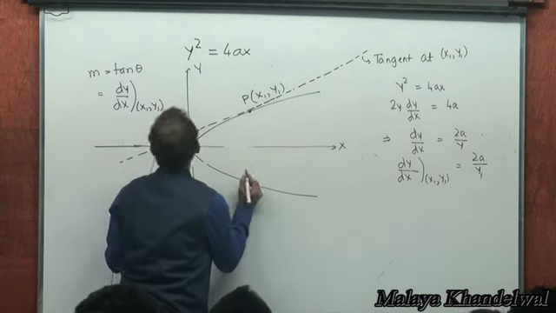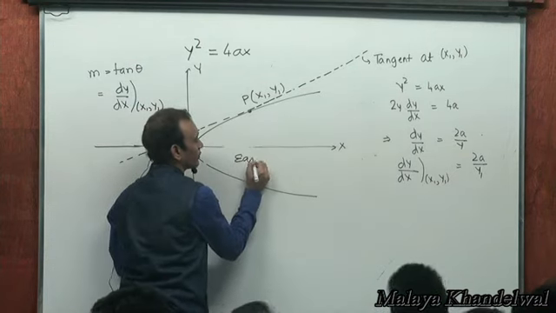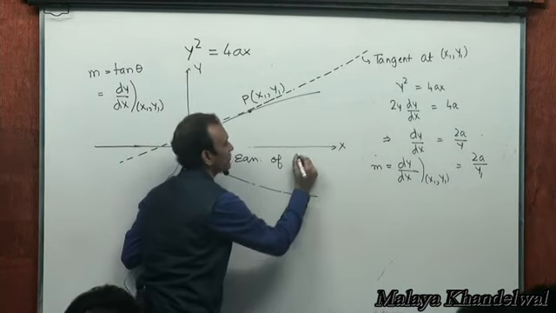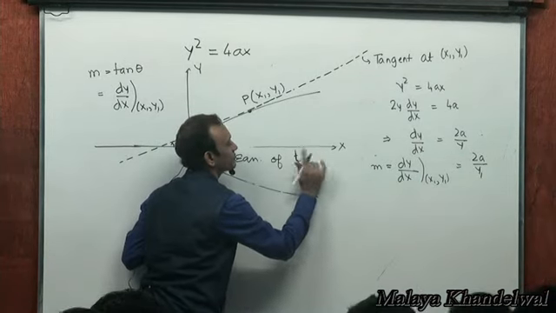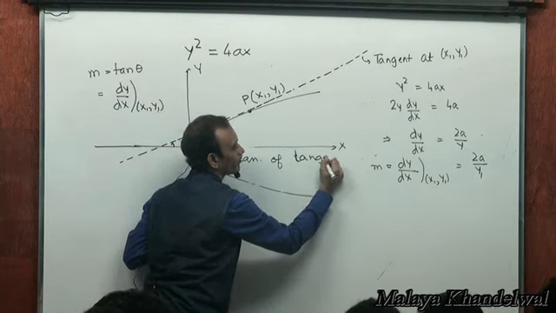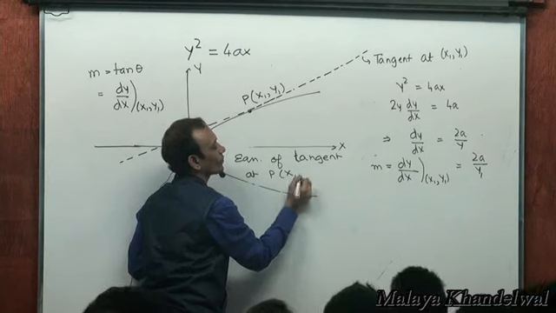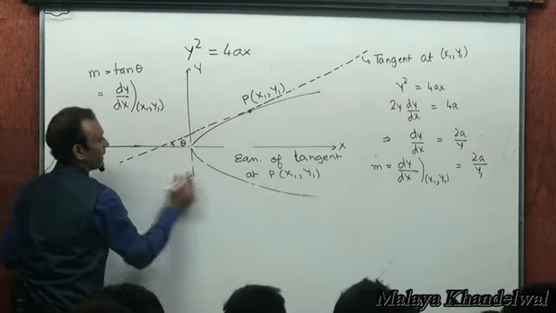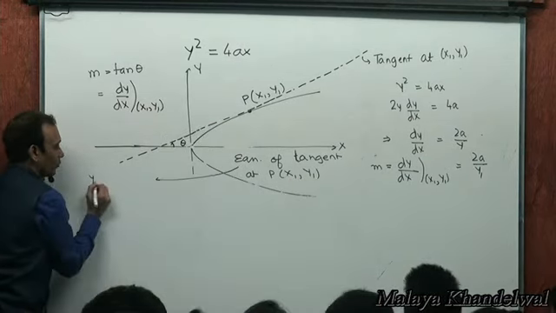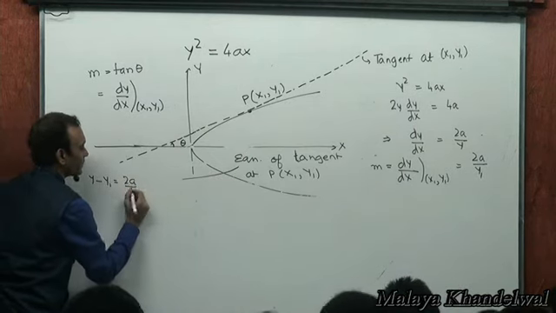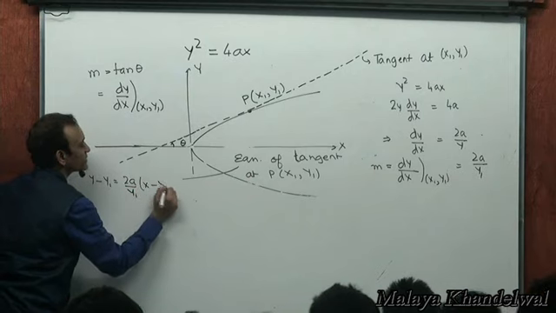Now the equation of the tangent, therefore, so that's the slope of the tangent. The equation of tangent at x1 y1 is going to be given by y minus y1 is slope 2a by y1 into x minus x1.